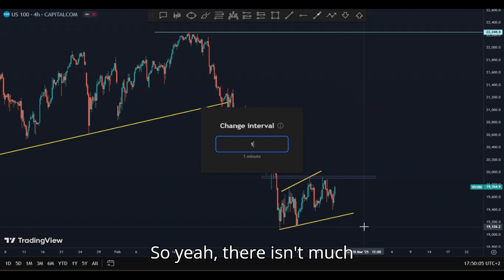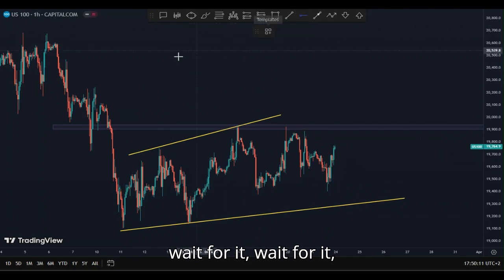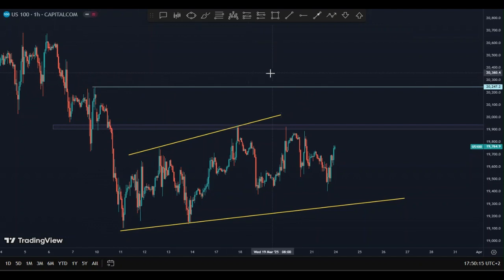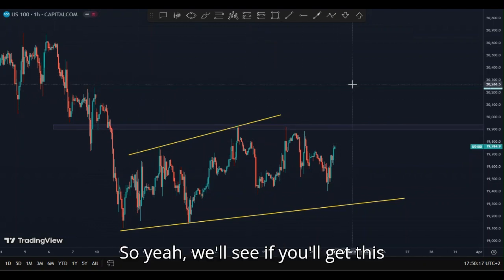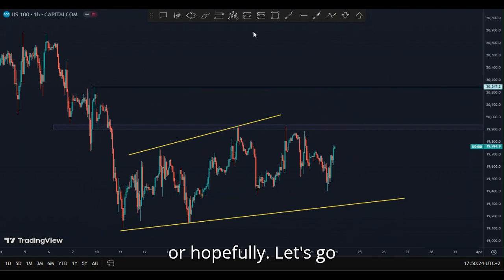So yeah, there isn't much to see anymore except to just wait for it. So yeah, we'll see if it will get this movement here as we can identify it as our hook point.